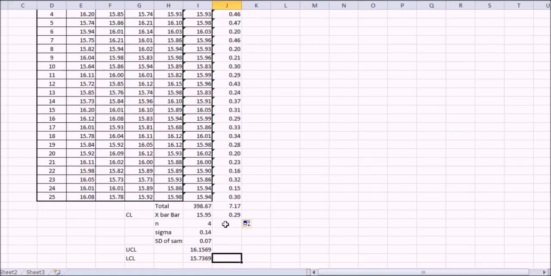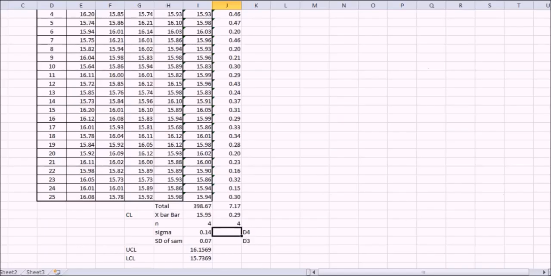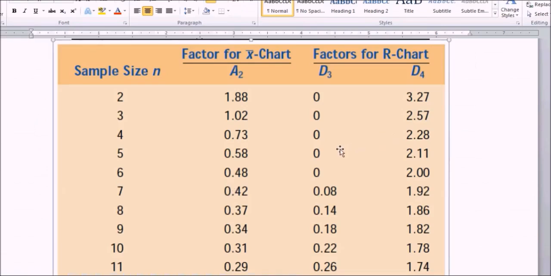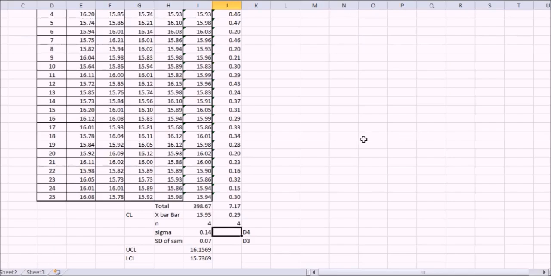N is 4. D4 and D3. D3 is 0 and D4 is 2.28.